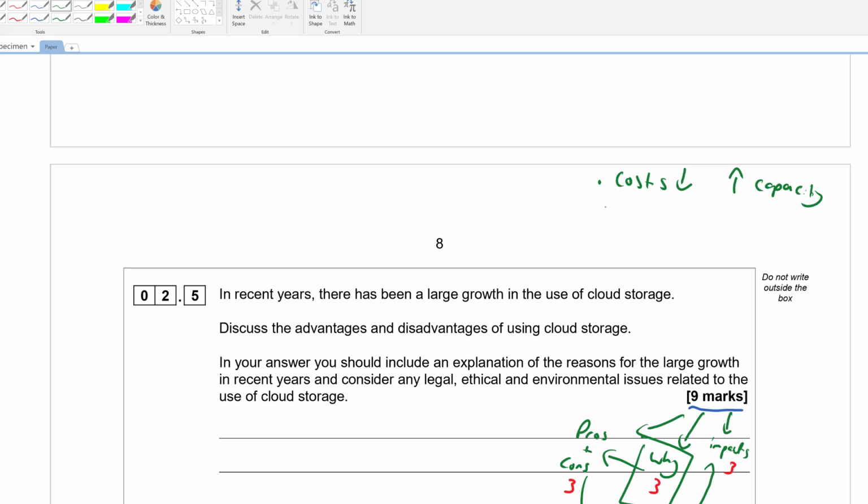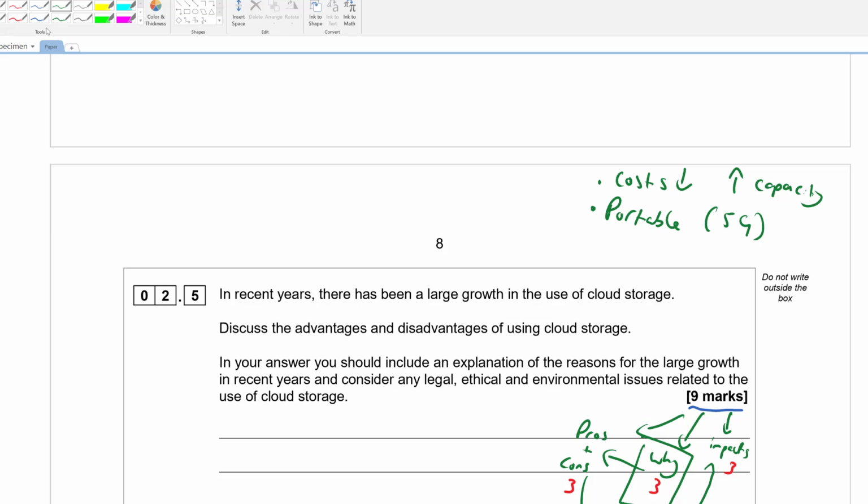I also think from a user perspective, the rise of just portable devices fit really well with cloud storage, things like mobile phones and tablets, but also we've got now fast networks like 4G and increasingly 5G, which are good for when you're out and about. So those could be our reasons for why it's blown up.